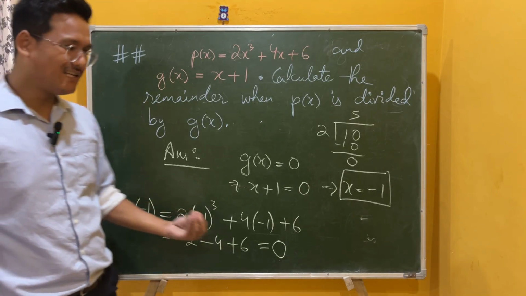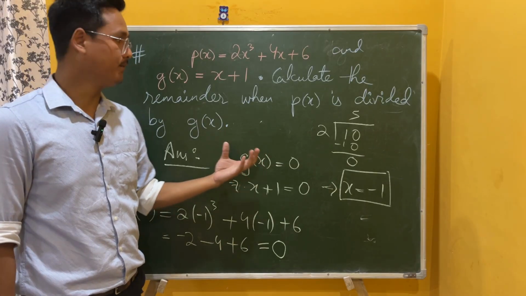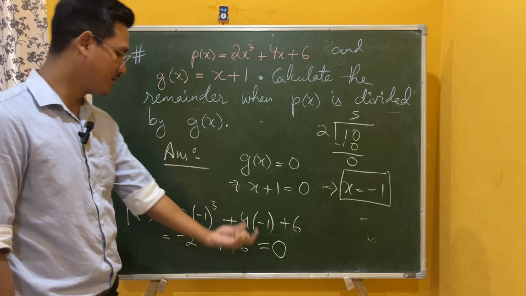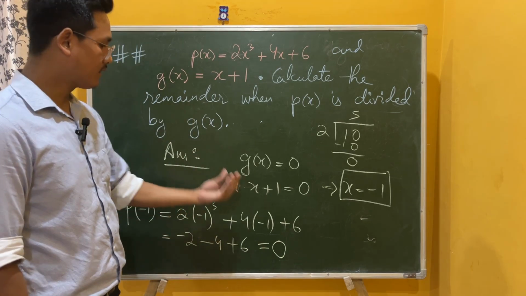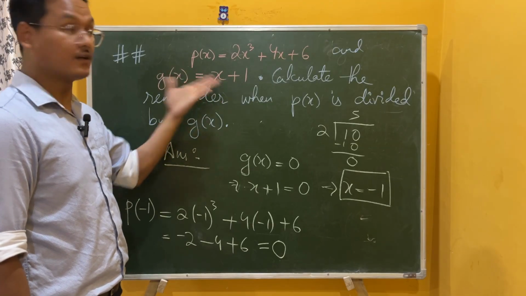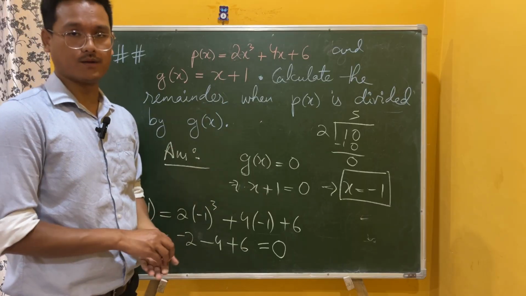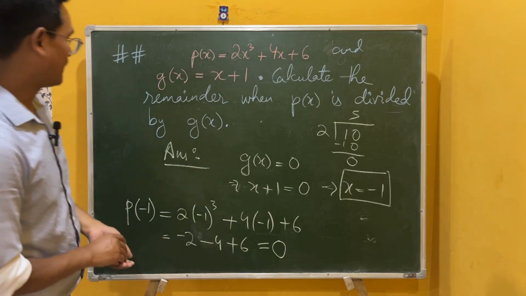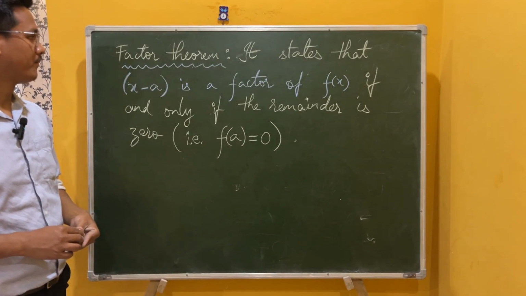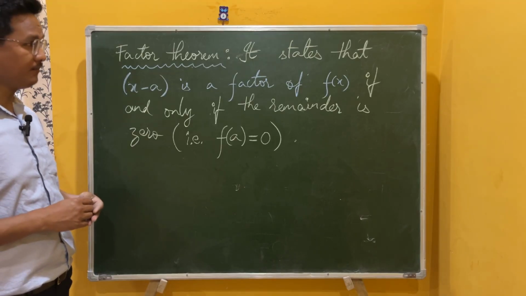Okay, so this leads us to another theorem, that is factor theorem. It says that if the remainder comes 0, then the divider is a factor of the given polynomial. All right, let us write the theorem. So here we have our factor theorem.